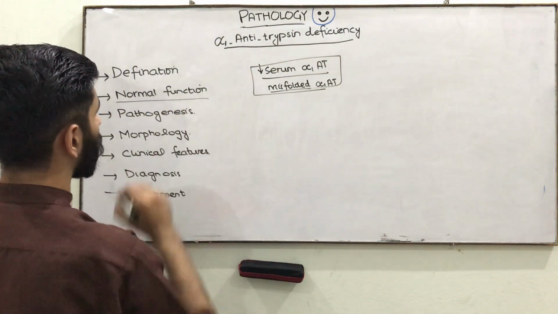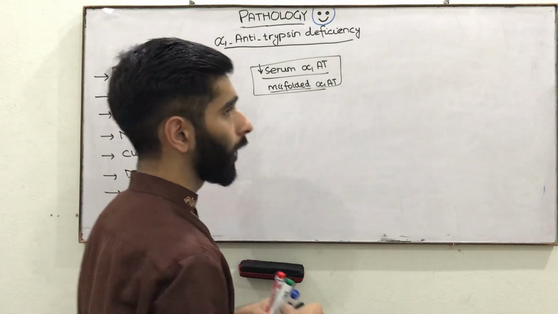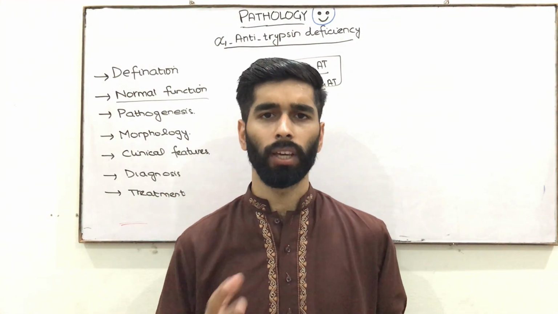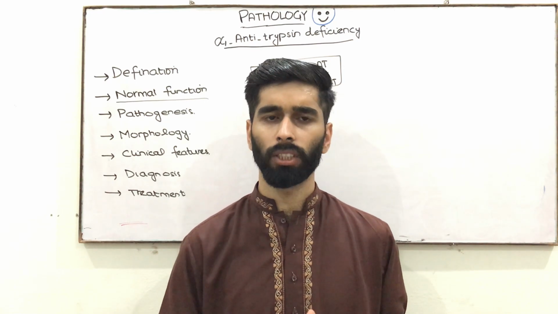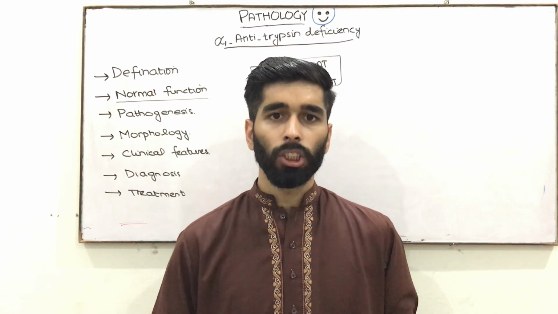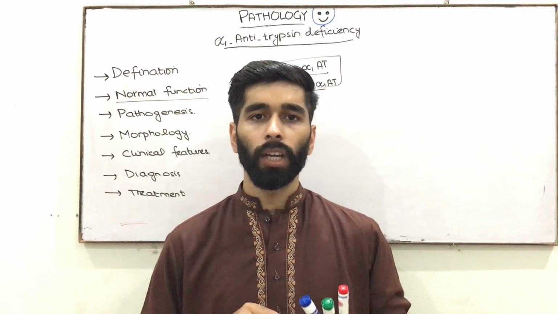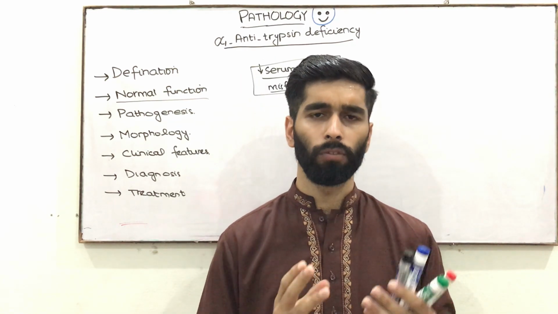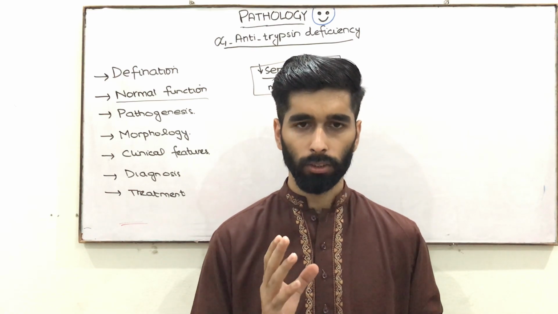What is the normal function of alpha-1 antitrypsin? Alpha-1 antitrypsin is synthesized in the liver, by the hepatocytes, and is then transported into the bloodstream. What is its function?